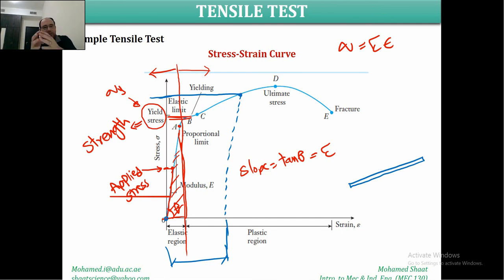Why? This indicates that this material under this small force, under this small stress, this stick is still in the elastic region. It means that at this small stress, which is lower than the yield stress, we are still working in the elastic region, and that's why once we remove the force, it means that you remove the stress, the material has been straightened again.